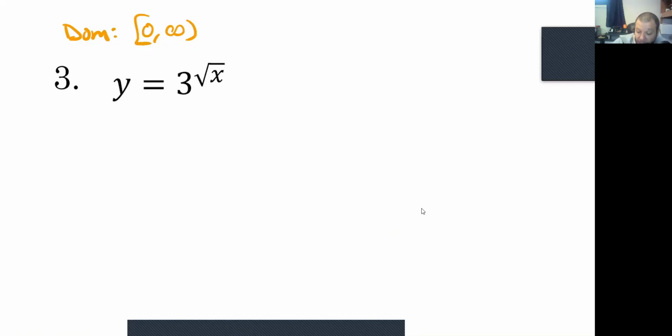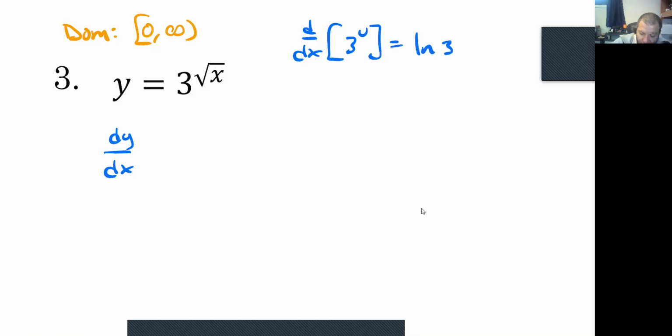All right, so then now let's take the derivative, right? So dy dx, right? So remember, if we're taking the derivative of 3 raised to the u, it's going to be the natural log of the base 3. We're going to have 3 to the u, and we're going to have u prime also in there. All right, so then dy dx is going to be natural log of 3, right, our base.